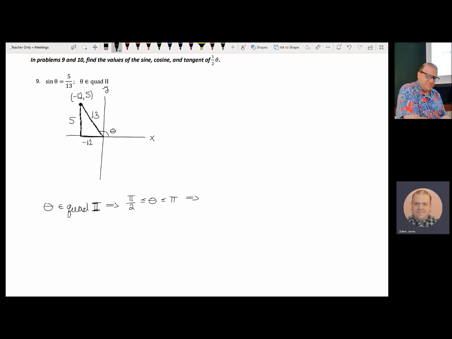What can you say about theta over 2? It is between pi over 4 and pi over 2. Just divide everything by 2. Well, you mean theta over 2 in the middle there, right? Yeah.